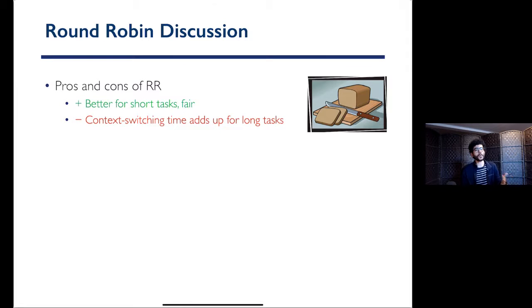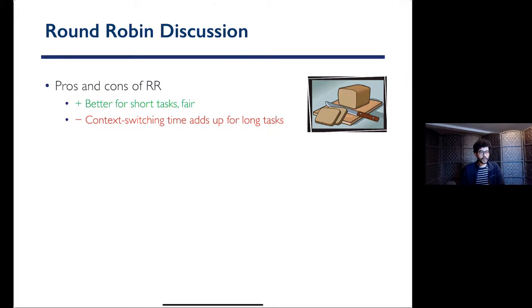I'm at most going to wait for the length of a time quantum until I get to run. And maybe the short tasks are less than the time quantum, and whenever they get to run, they just finish. So they don't have to wait for the entire execution of long tasks, which is a plus.